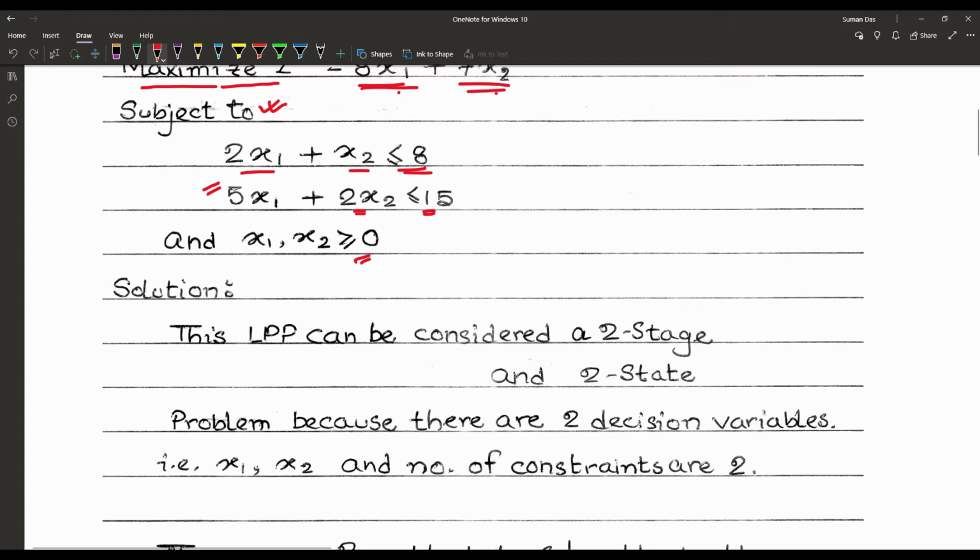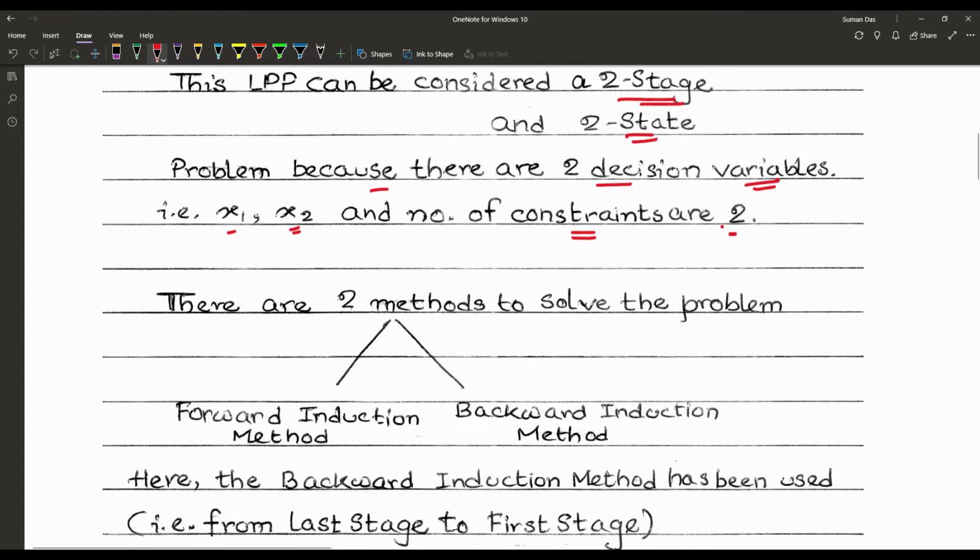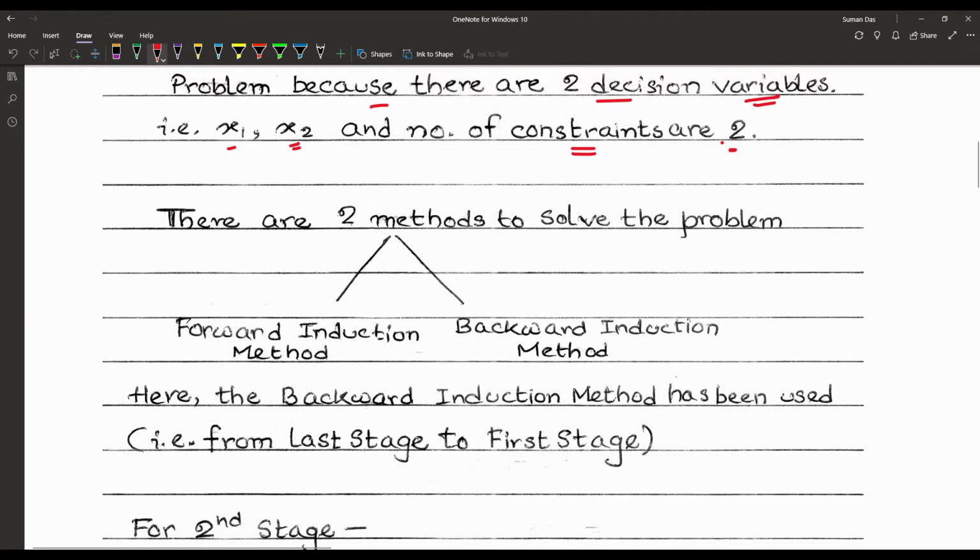The LPP can now be considered as a two-stage and two-state problem because there are two decision variables. Already we have said that those are x1 and x2, and the number of constraints is also 2. So here we are proceeding with the backward induction method.